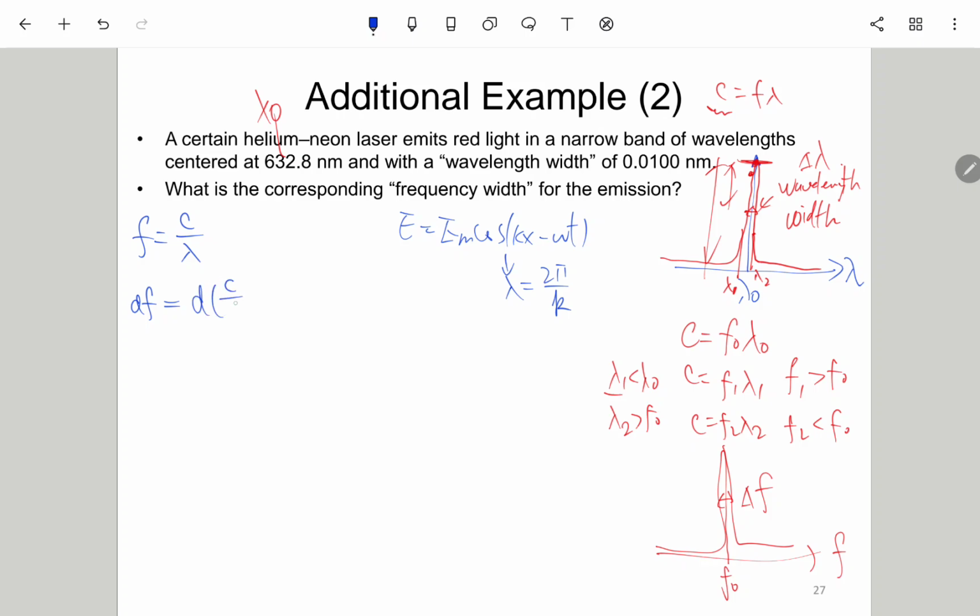d of C over lambda. Of course, C is a constant. So here we got F is a variable, lambda is a variable. So here, if you consider lambda to be a variable, taking the differential will be like C over lambda squared, and then the minus sign, and then here we have a d lambda.